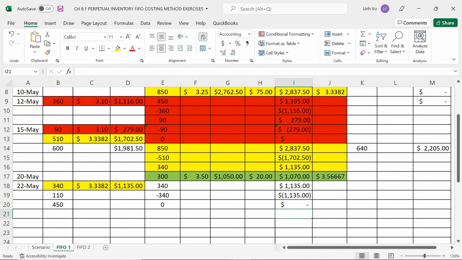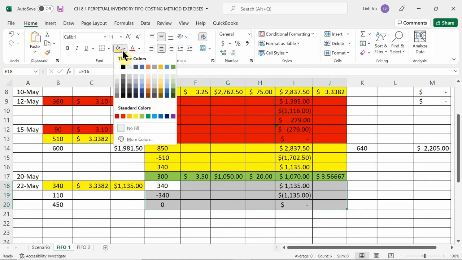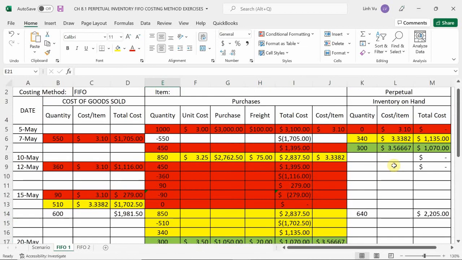Okay? And again, I'm going to use the highlighter pen up here on my cell formatting. So if I want to choose my color, I hit that little down arrow and it will allow me to choose whatever color I want. So in this case, I'm getting rid of my yellow. Then I need to come back up here.